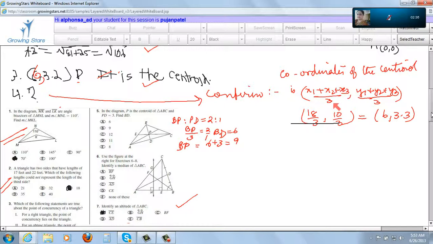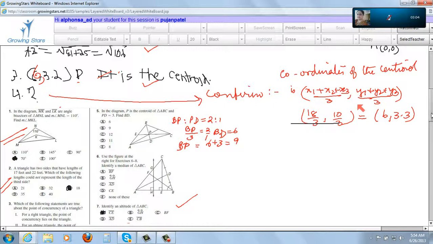So in this case, it would be 0 plus 6 plus 12, 18 divided by 3, and then 0 plus 8 plus 2, 10 divided by 3. So you get approximately 6, 3.3, right? Whereas from the graph, we got 6, 3.2, which is an approximate value. All right? This is how you can confirm it using the formula.